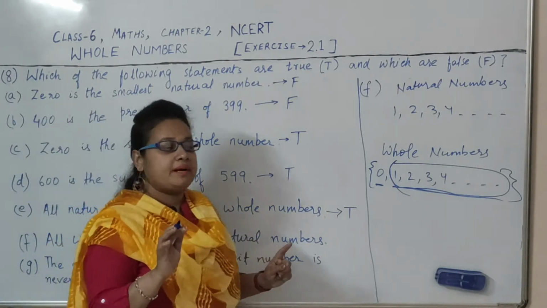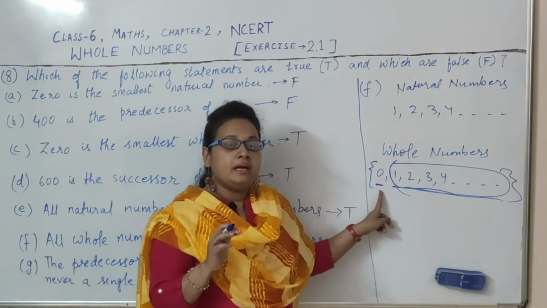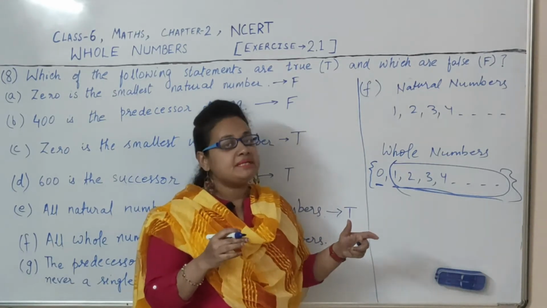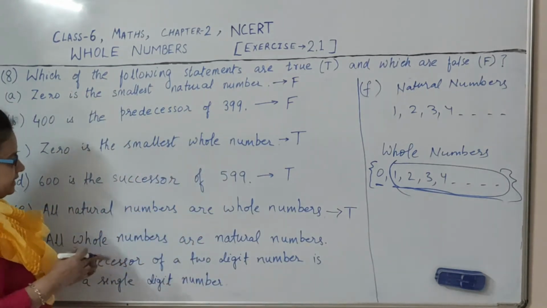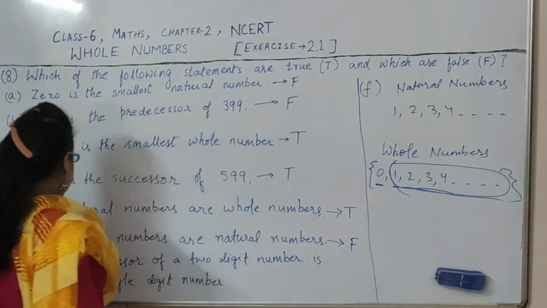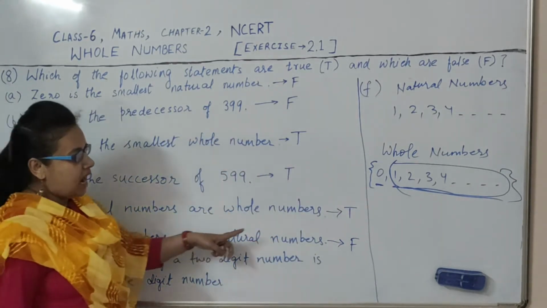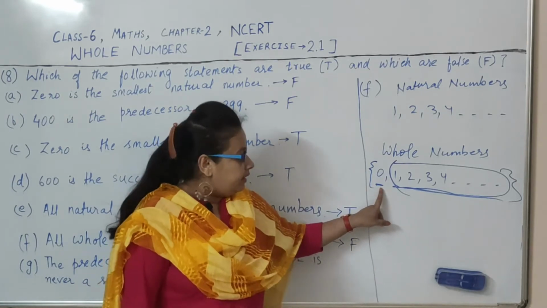No, all whole numbers are not natural numbers, because 0 is a whole number but it is not a natural number. So this is the wrong statement. It is a false statement. We will write it F. 0 is a whole number which is not a natural number.